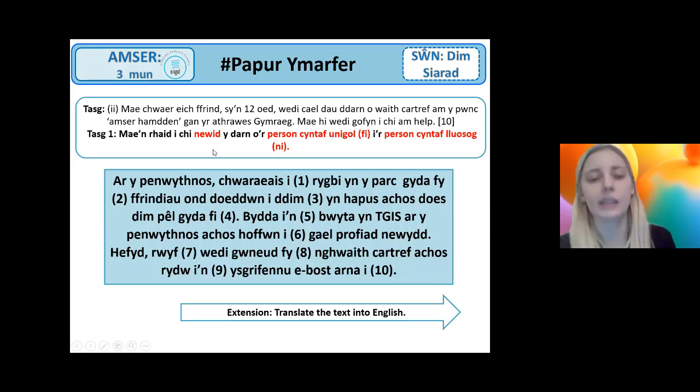So this is your task now. You must change, we've seen the word newid before, to change or to switch, from the first person singular, which is I, to the first person plural, which is we.